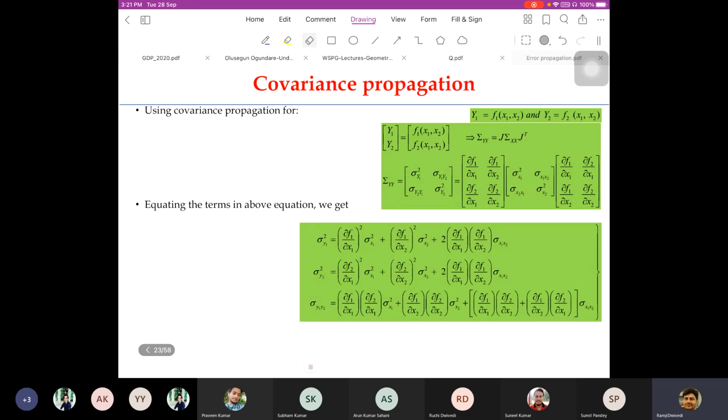If it is still a little confusing, you can ask right now, because now we are moving towards another concept which we have to cover apart from error propagation. No question. Okay.